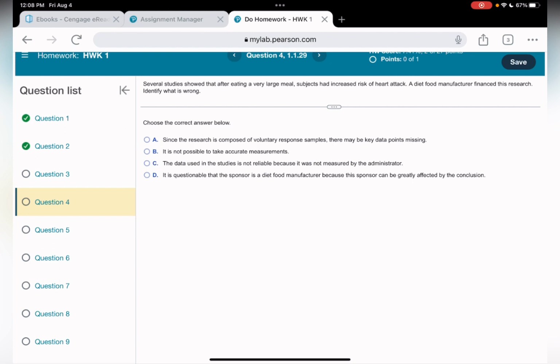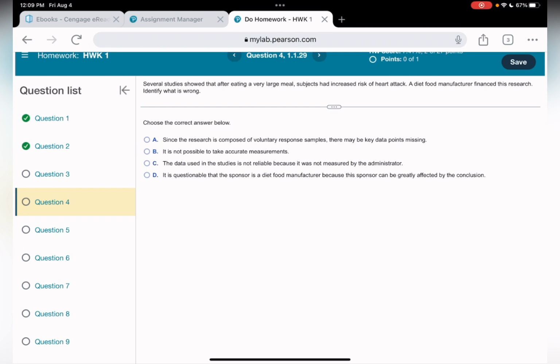It is not possible to take accurate measurement. Well, it's a chance. It's not possible because for some person it's a threat, for some person it is not a threat, because it depends on your body, your health situation. So you can't just like that measure and insist that eating a large meal is increasing a risk of heart attack.